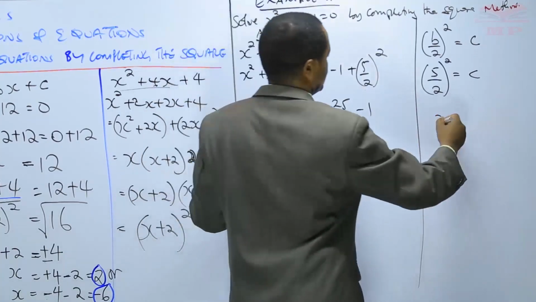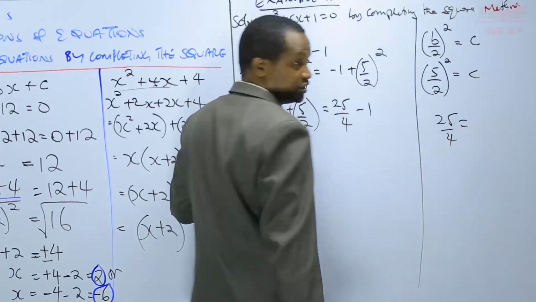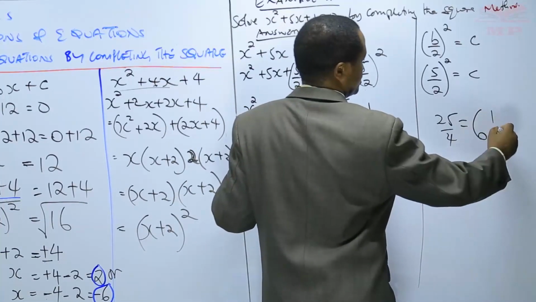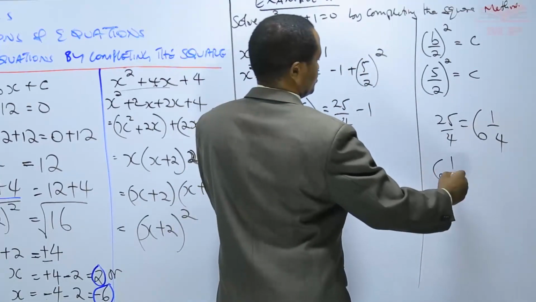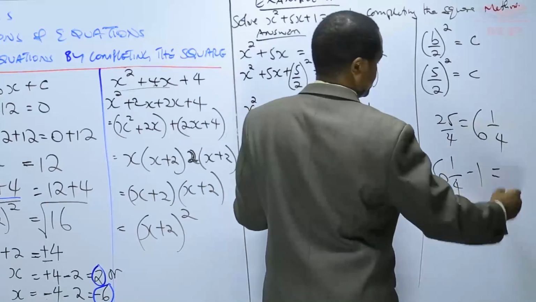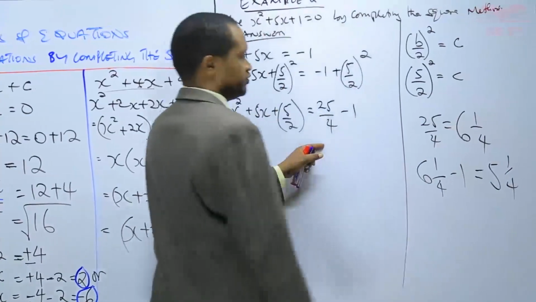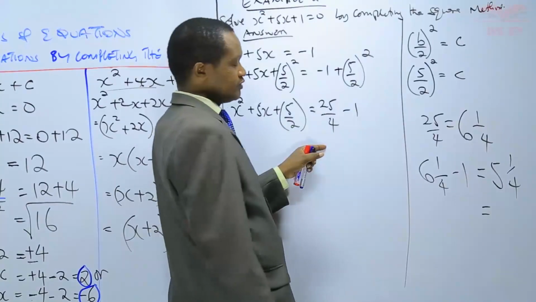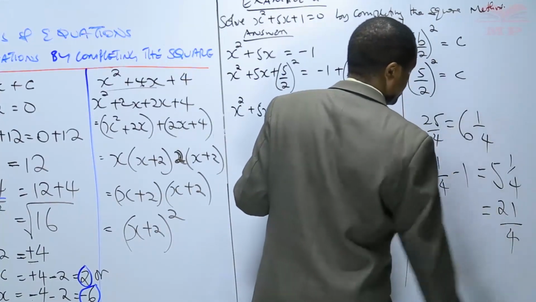So 25 over 4, converting it into a mixed number, is 6 1 over 4. So 6 1 over 4 minus 1 will give us 5 1 over 4. Converting it into an improper fraction will be equal to 21 over 4.